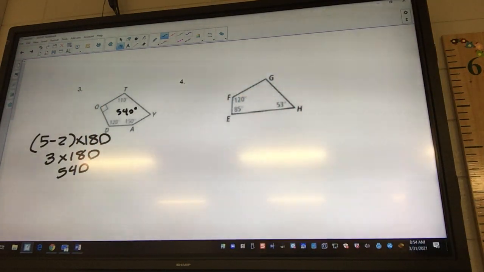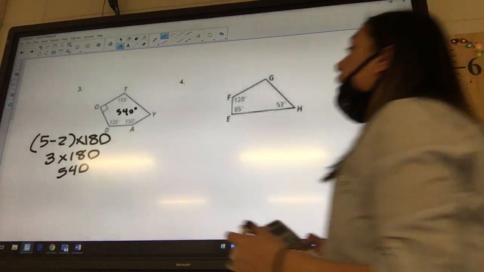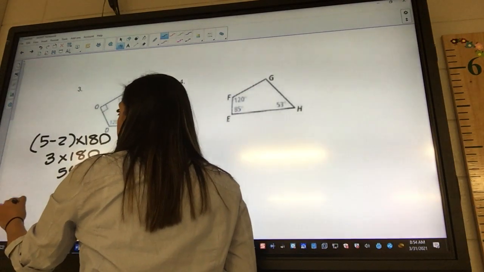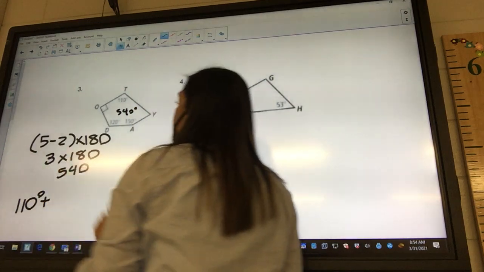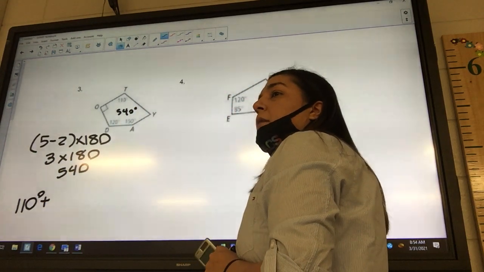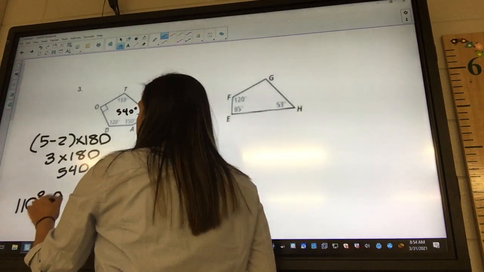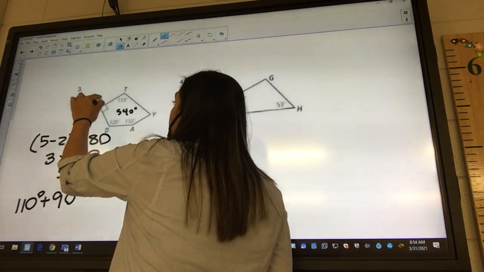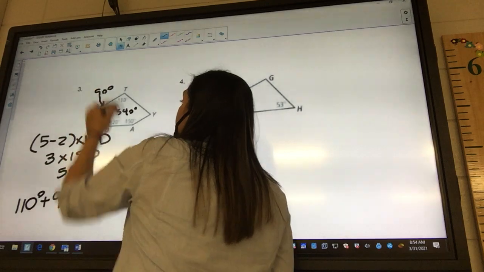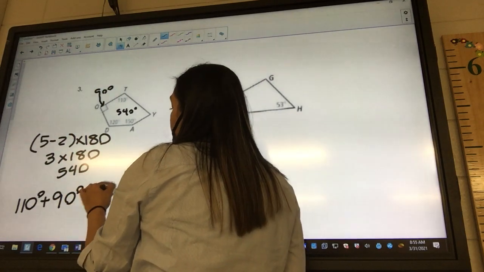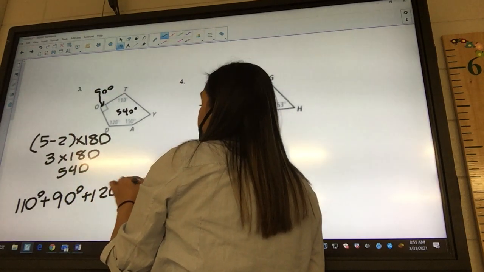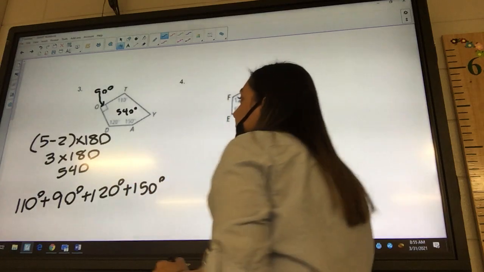Now we have the sides, so I know I got 110 degrees, plus another angle that looks like a square. What does a square mean? 90. So this one is 90 degrees. Plus 120 degrees, plus 150 degrees, plus what?